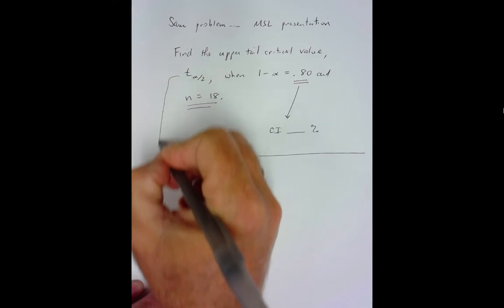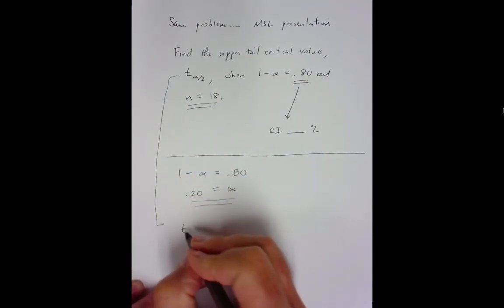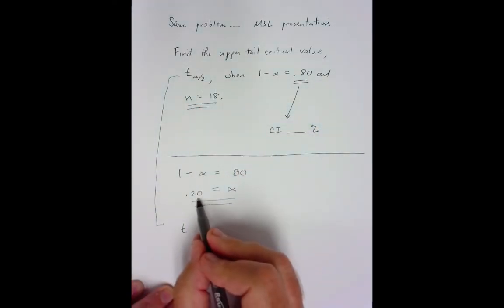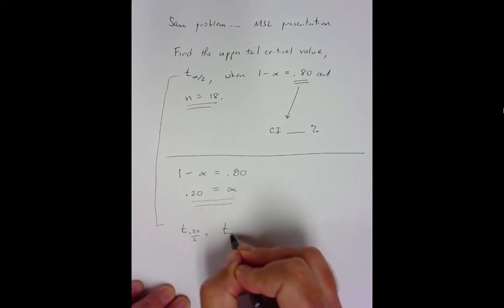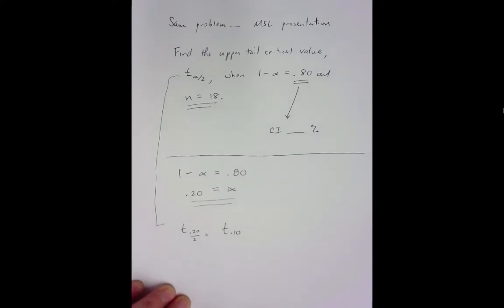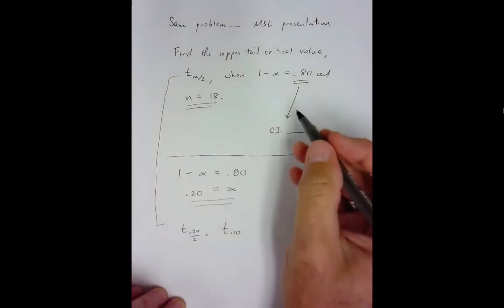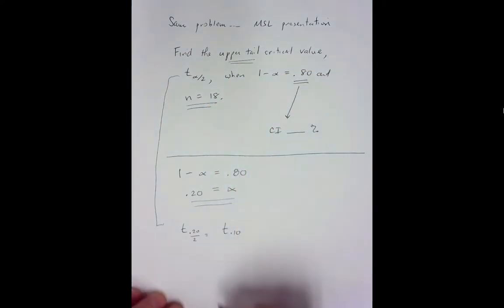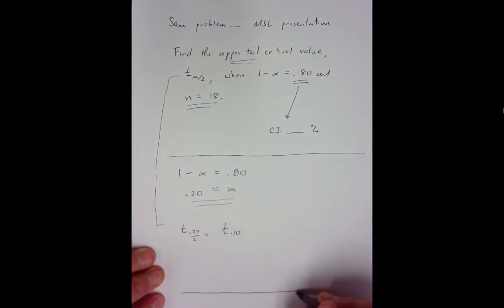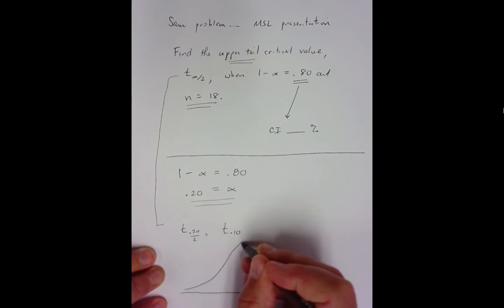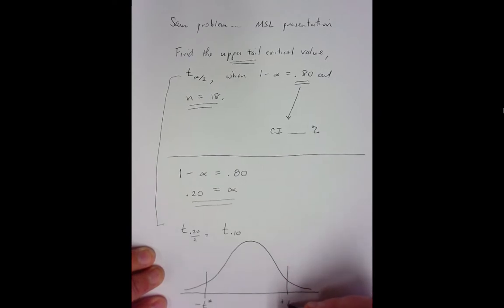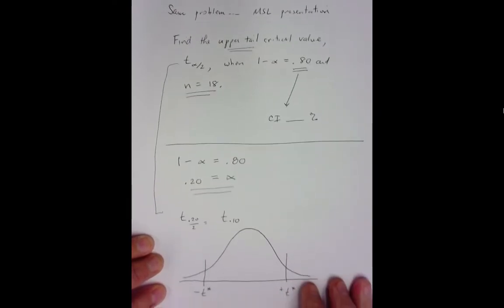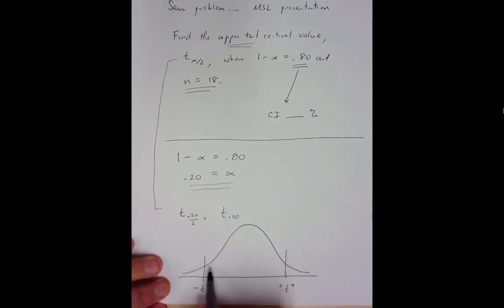Now if I bring this down, I have T alpha over 2, so alpha is 0.20 over 2, which makes it T of 0.10. That's the area that goes in the upper tail. So going back to the drawing that I create, minus T critical, positive T critical, the way I start is I start in the center.